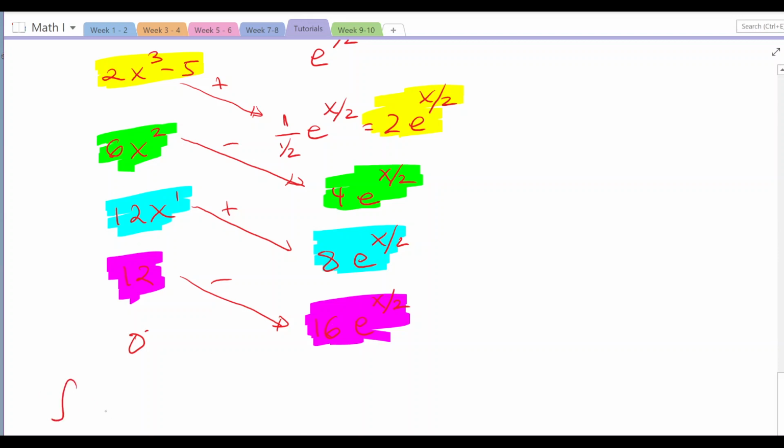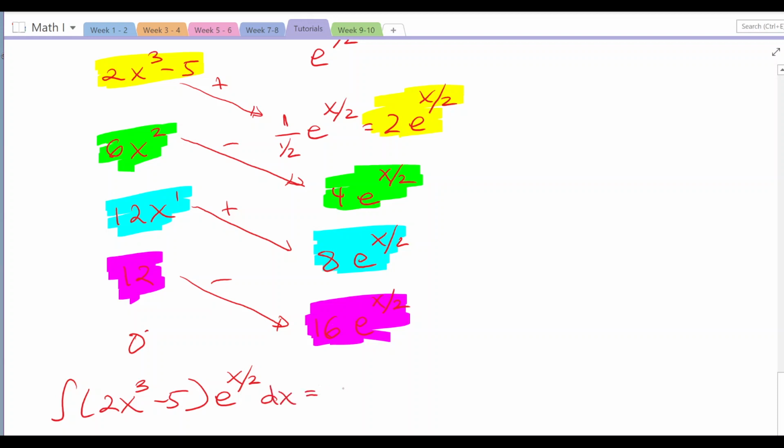Let me write down the whole thing: the integral of (2x cubed minus 5) times e to the power of half x dx.